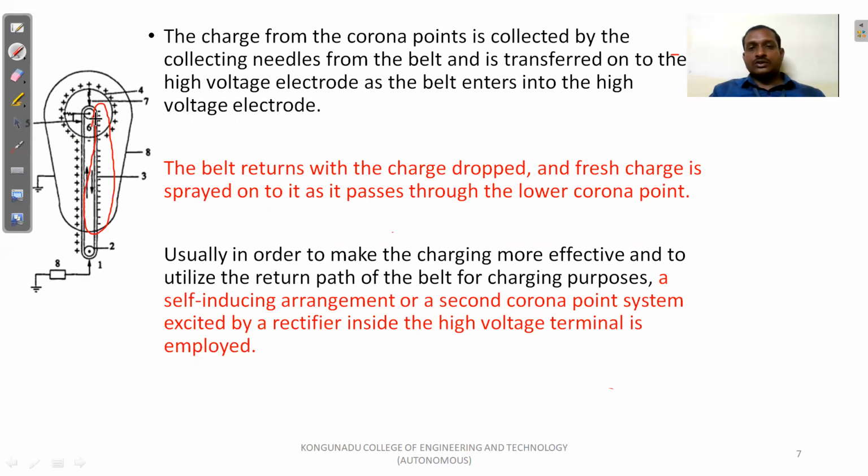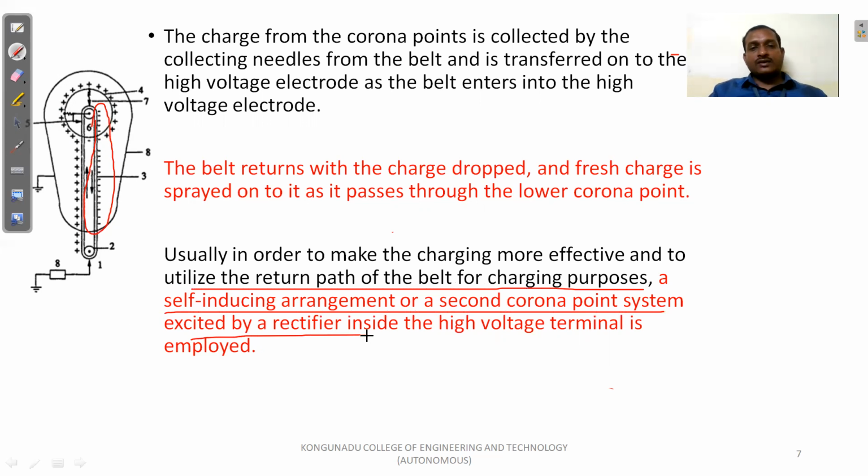Usually, to make the charging more effective, we utilize the return path of the belt for charging purposes. A self-exciting arrangement or second corona point system is excited by the rectifier in the high voltage terminal.